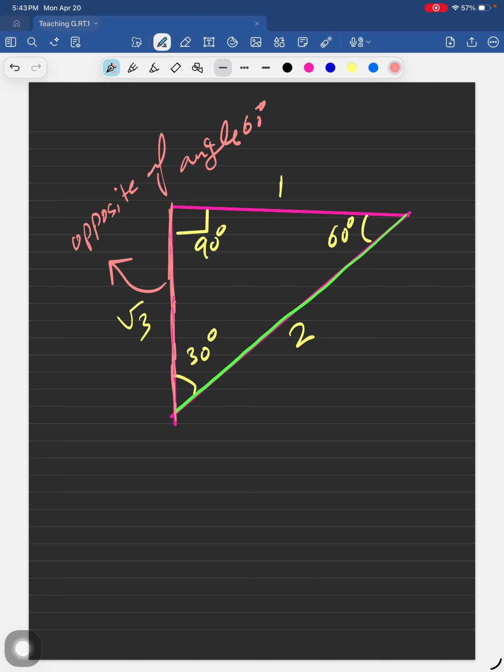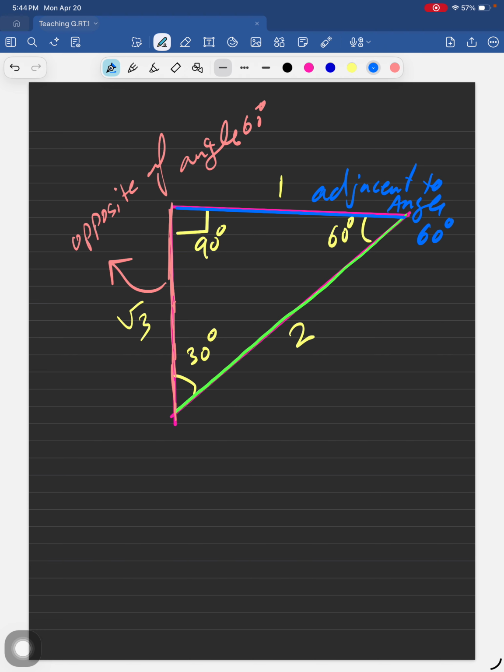And the final thing here is talking about this side. We highlighted it in blue, and we are talking about the nearest one to the 60, which is the adjacent. So we call this side adjacent to angle 60-degree.